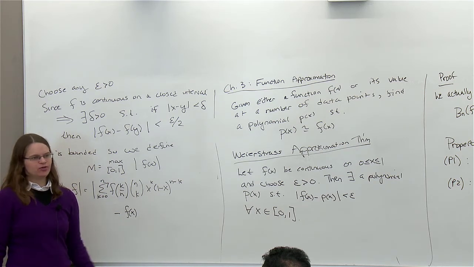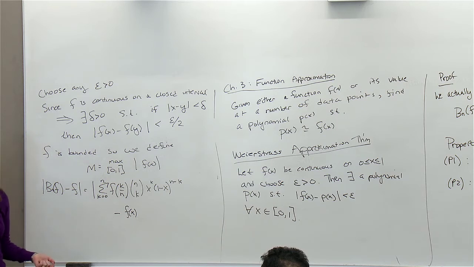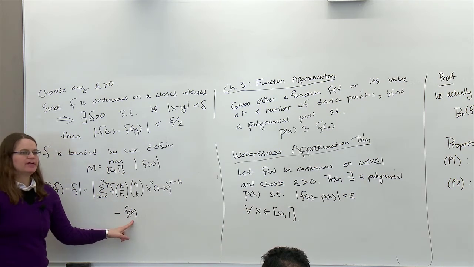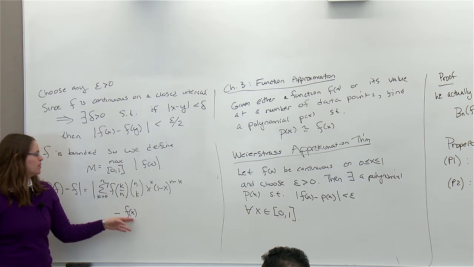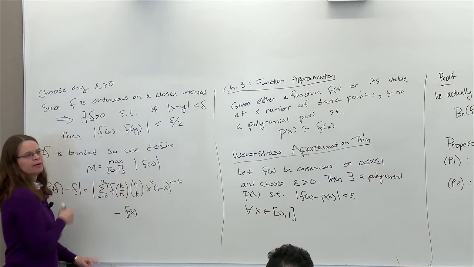You're always allowed to add 0 to things. You're always allowed to multiply by 1. That never changes anything. So what's a way I could manipulate this that doesn't change anything, but maybe makes it feel a little more like this guy?